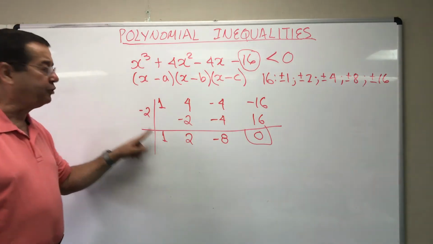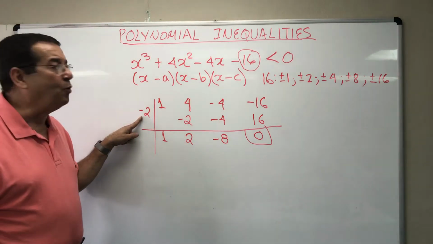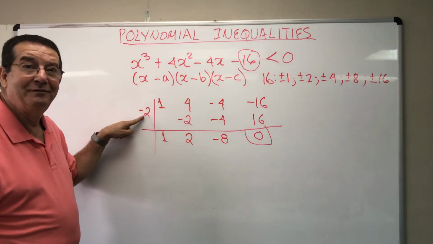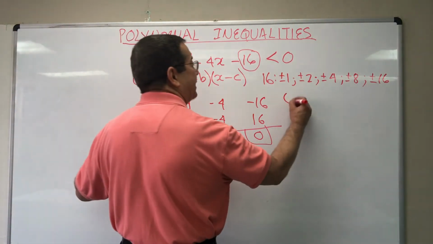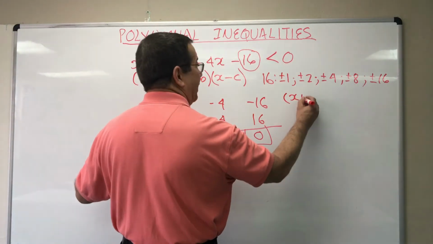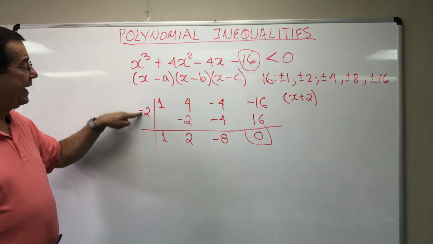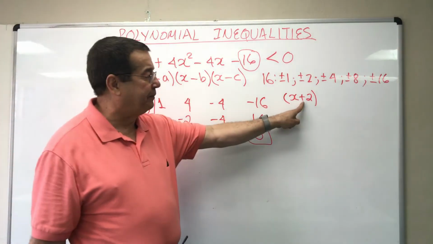Then negative 2 is one zero. Now a is negative 2. Then my first factor is x plus 2, because a negative with this negative is going to be plus 2.